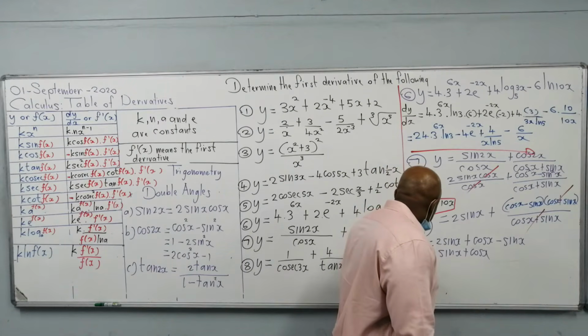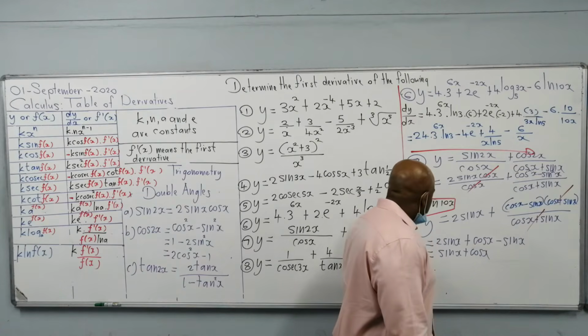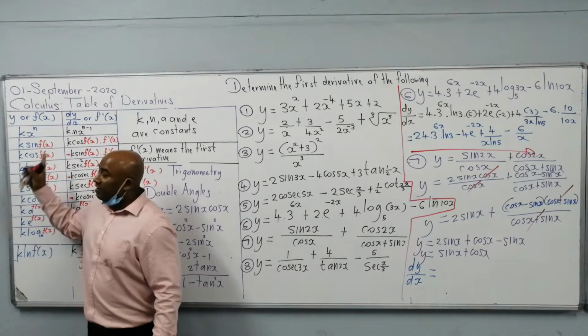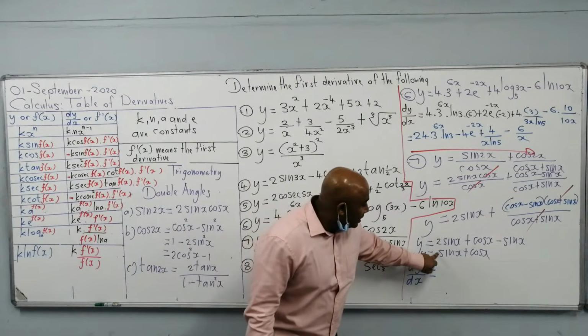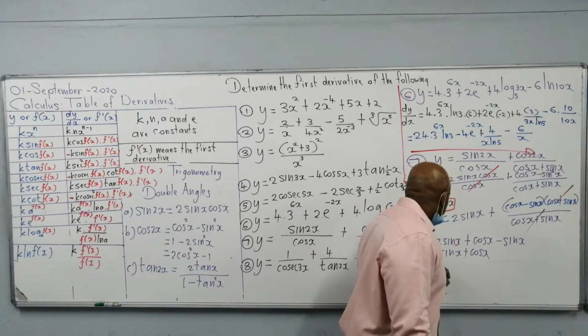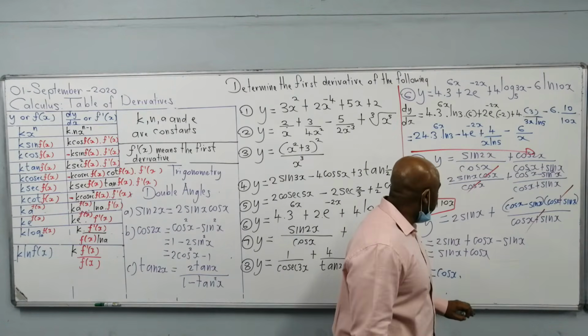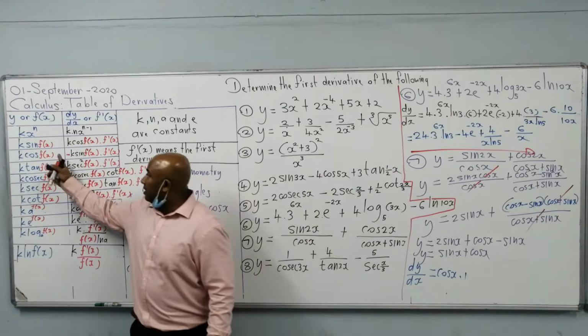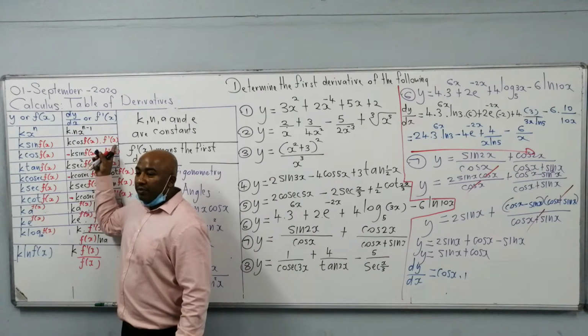So that's going to be dy over dx. Go to your table of derivatives. So it's k sine f of x. It is 1 sine 1x. The derivative of sine x is going to be cos x times the derivative of x there, which is 1. Remember, f of x, f prime x.